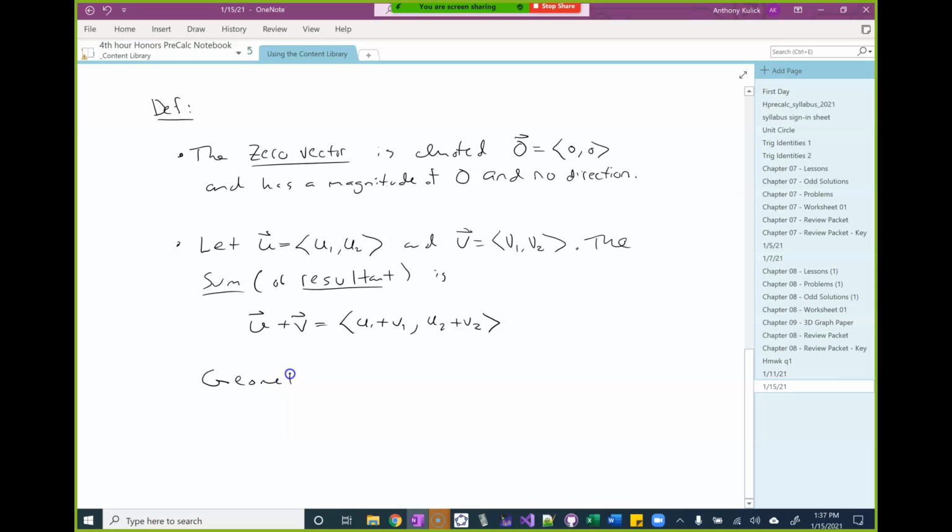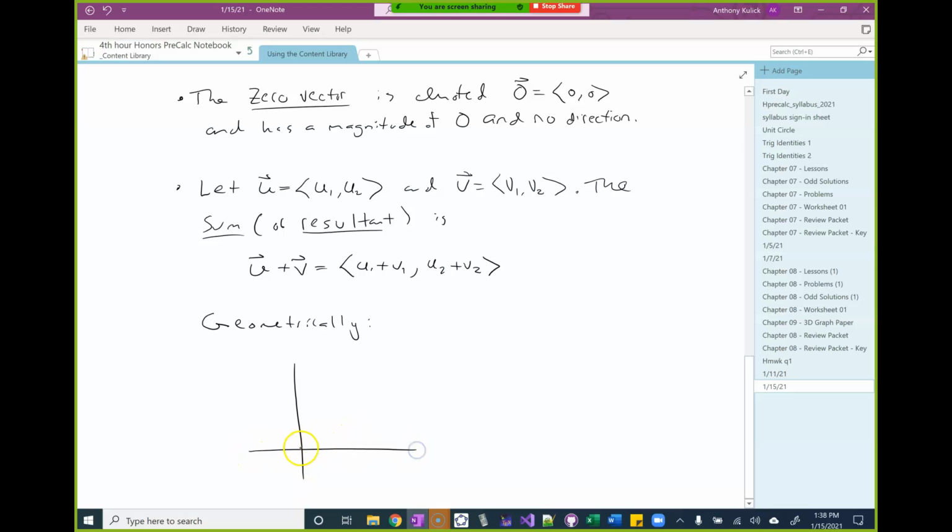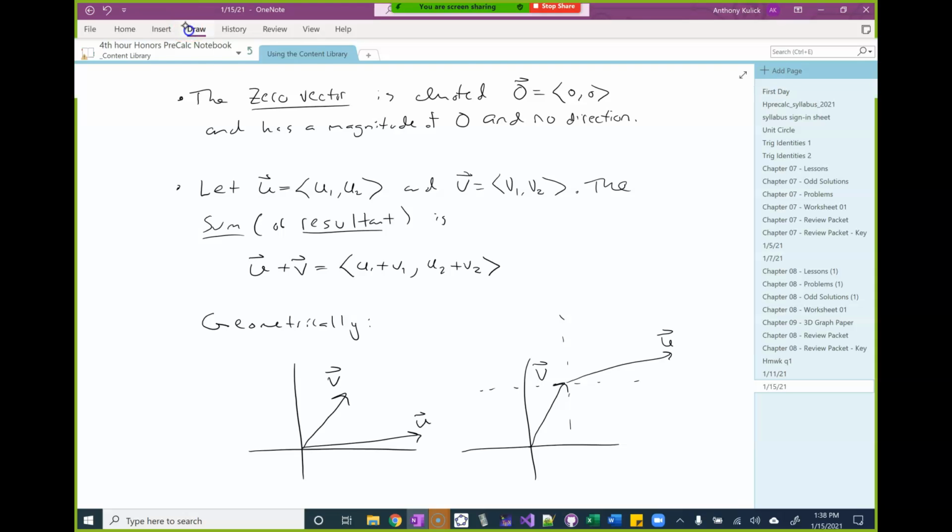Geometrically, what is that really saying? So if we have one vector, let's call that v, and another vector, let's call that one u. If we did v plus u, we have our vector v, and then we have like an imaginary xy axis, and then we just draw our vector u, starting at the head of vector v, and then this would be our vector u plus v.